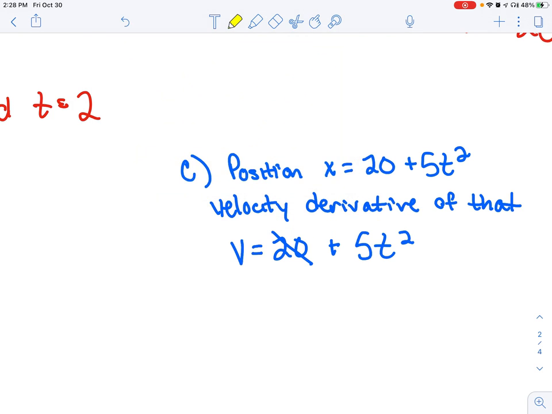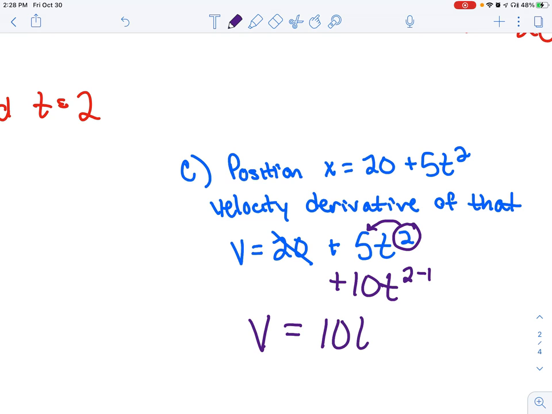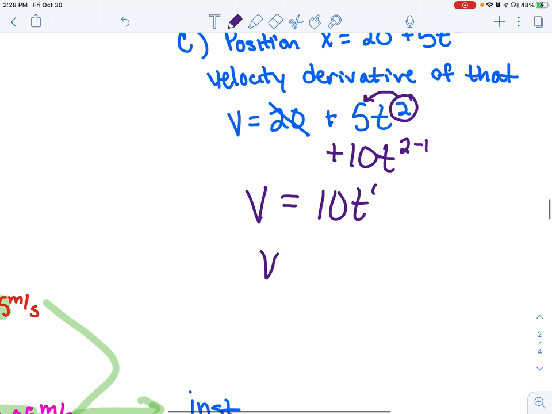We take this exponent and multiply it to that number, so it's really plus 10. And then our exponent was a 2, but we have to back off 1. So that really makes my velocity 10t to the first power. Simply put, velocity is 10t.